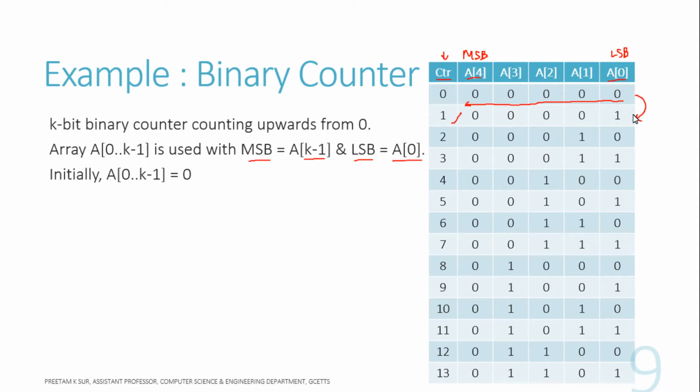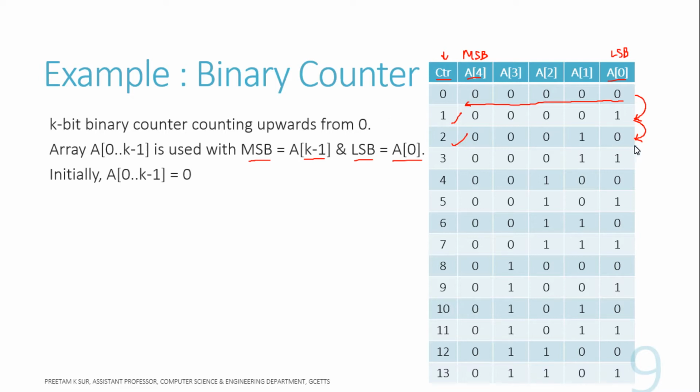Similarly, when A is in this situation, where A4 to A1 are 0 and A0 is 1, representing the decimal value 1, and you call the increment operation on A, the bit string will be converted to 0 0 0 1 0, which represents the decimal value 2.